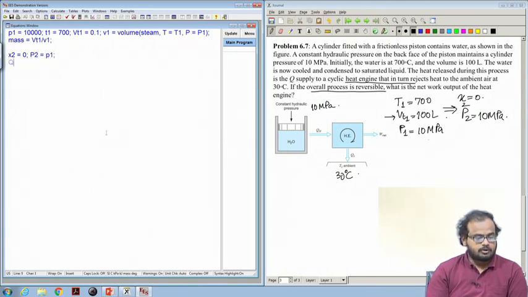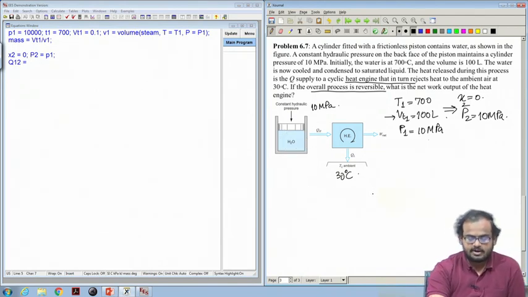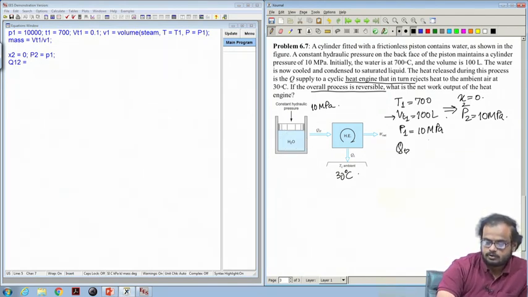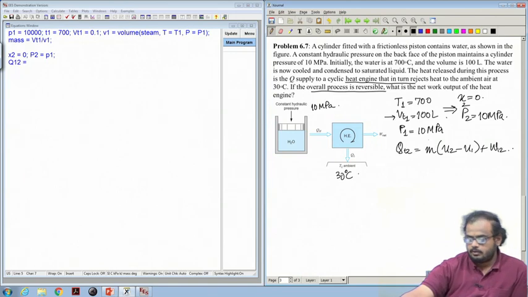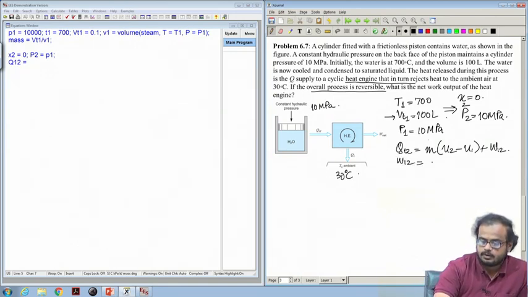Now Q12, if I consider this particular mass as a control mass, then I can write Q12 is equal to m times U2 minus U1 plus W12. But what will be W12? W12 will simply be the external pressure multiplied by the change in volume.